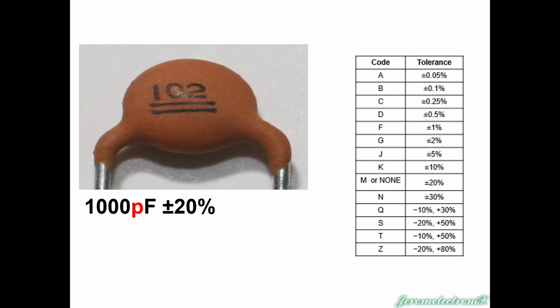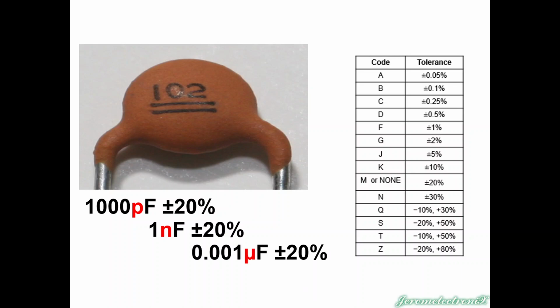But that could also, if we move the decimal 3 places to the left into the nano range, it's a 1 nanofarad plus or minus 20%. We could also move it into the micro range, which would make it a 0.001 microfarad plus or minus 20% capacitor.